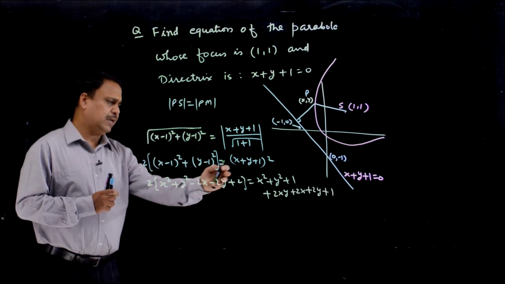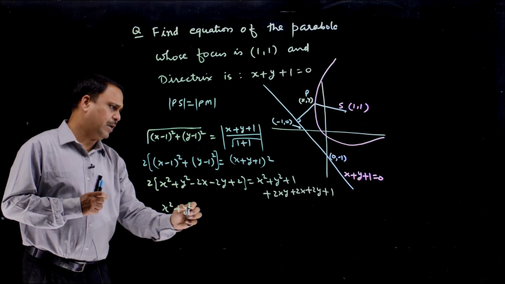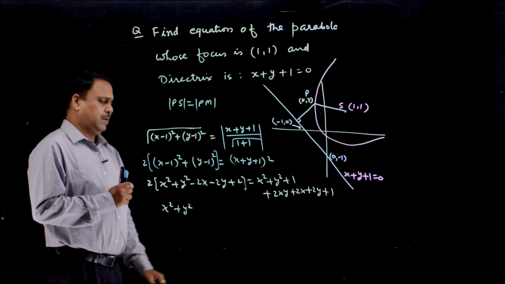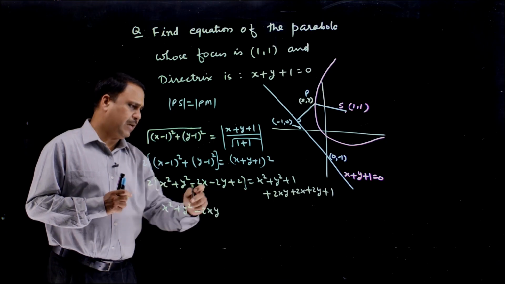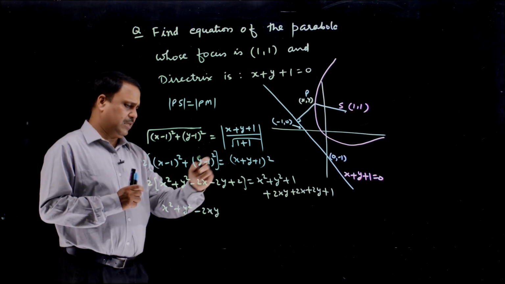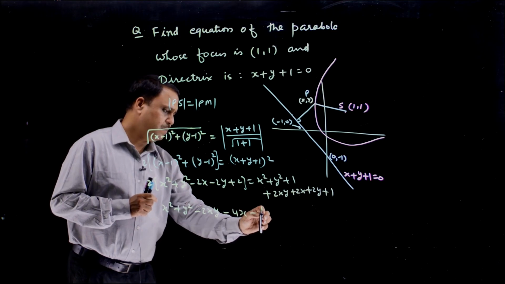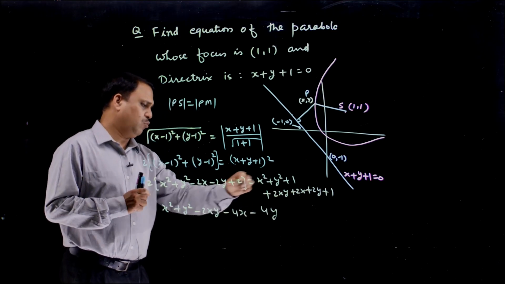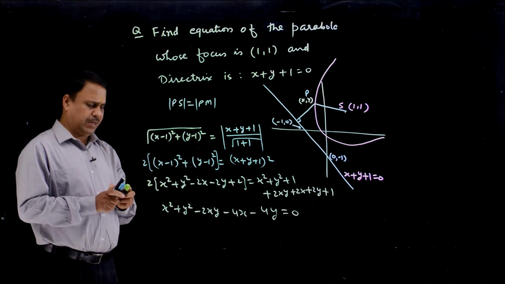So cancel the x square part. So you will get x square plus y square minus 2xy minus 4x minus 4y, the 2 will cancel, is equal to 0. This is the equation of the parabola.